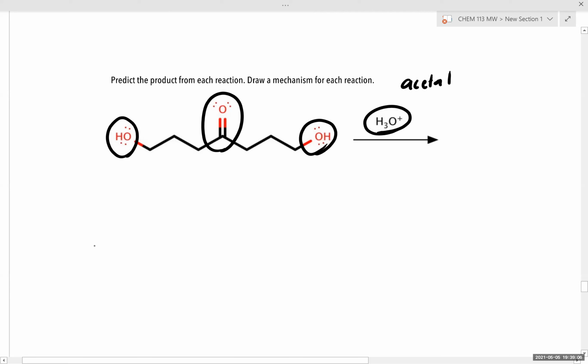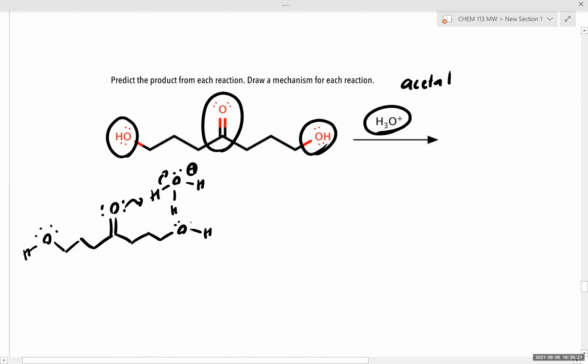Okay, so in this case, the first thing that's going to happen as we're under acidic conditions is we are going to protonate our ketone. This in turn activates our ketone for a reaction with nucleophiles.